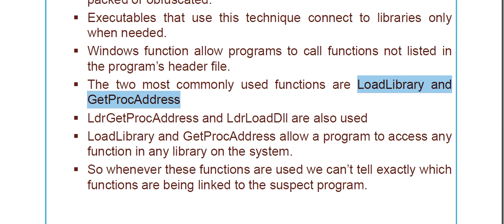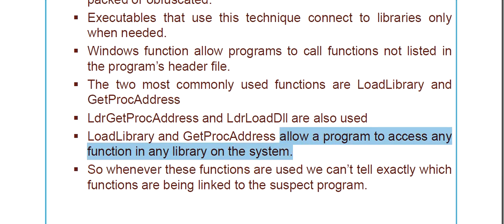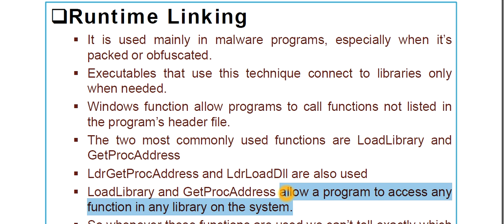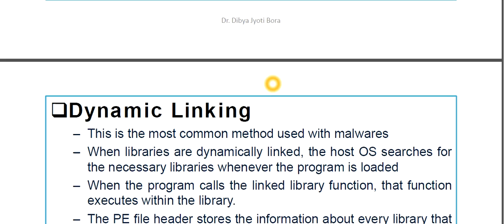Why do we use these? Because they allow a program to access any function in any library on the system. So whenever these functions are used, we can't tell exactly which functions are being linked to the suspect program. So that is runtime linking.